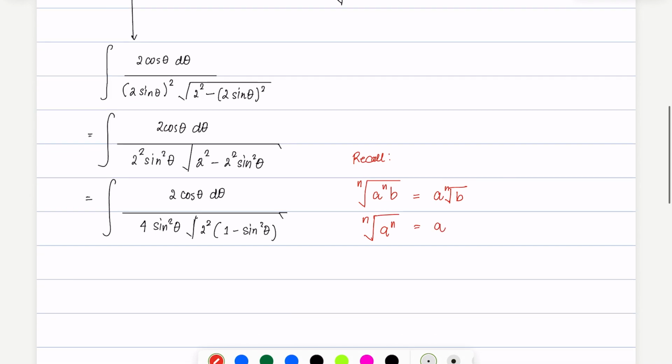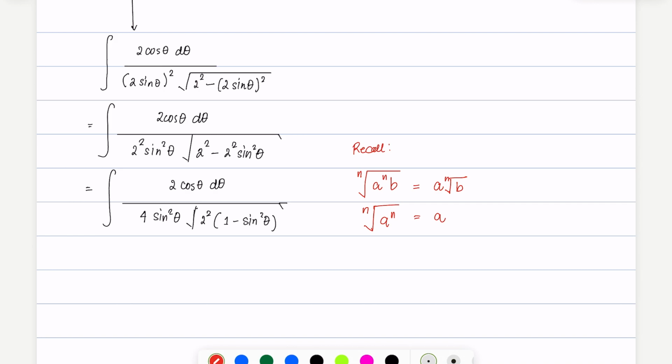Now, that is applicable in this case because we know that this is a square root, so you have 2 over there. And the factor of 2 squared is going to come out of the radicand. So this will simplify into 2 cosine theta over 4 sine squared theta, and as I mentioned, this factor 2 will come out: 2 square root of 1 minus sine squared theta.